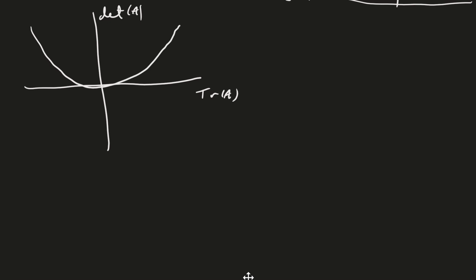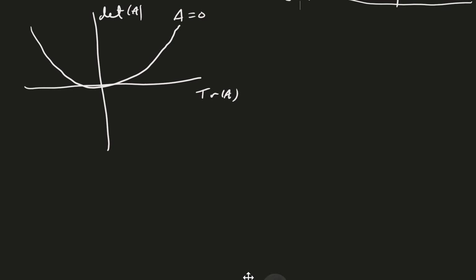This curve, where the discriminant equals 0, separates the plane into two pieces: one inside the parabola, one outside. One of those corresponds to the discriminant being positive, and one to it being negative. I wonder which is which.